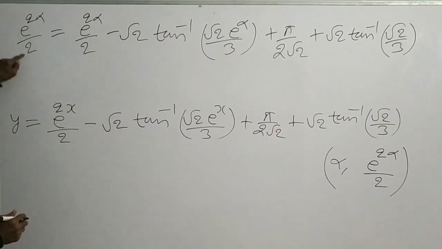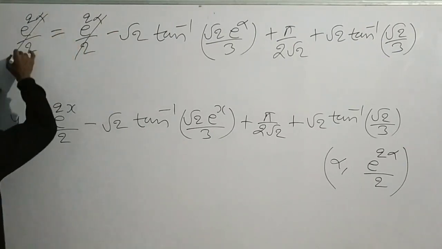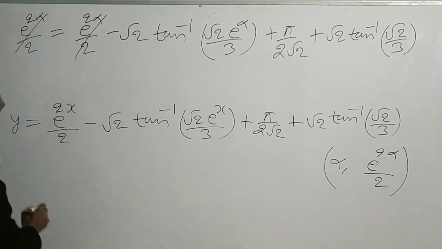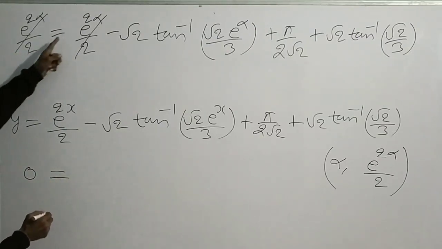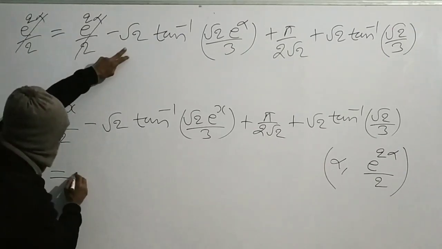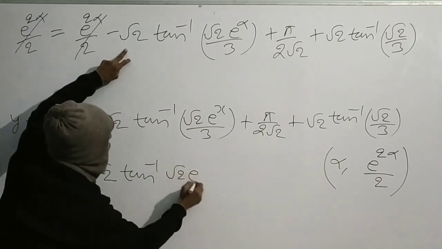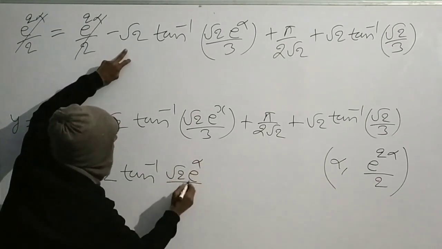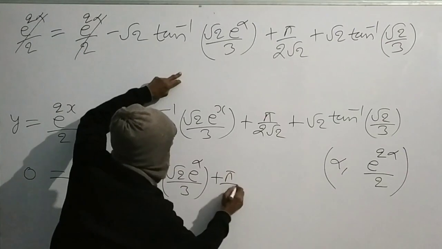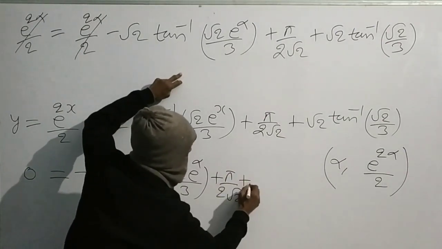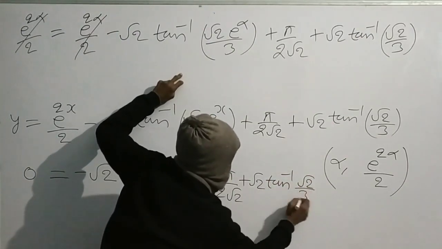This e to the power 2 alpha by 2 and e to the power 2 alpha by 2 will be cancelled out from both sides of the equal to sign, and we get 0 is equal to minus root 2 tan inverse root 2 e to the power alpha by 3 plus pi by 2 root 2 plus root 2 tan inverse root 2 by 3.